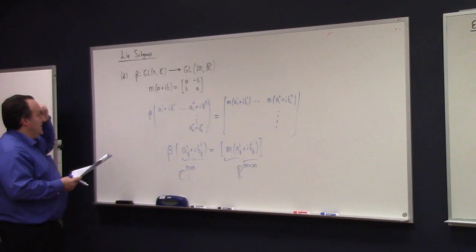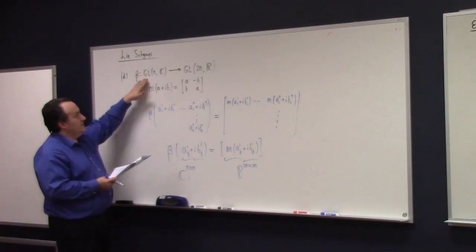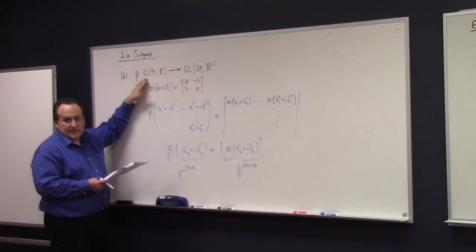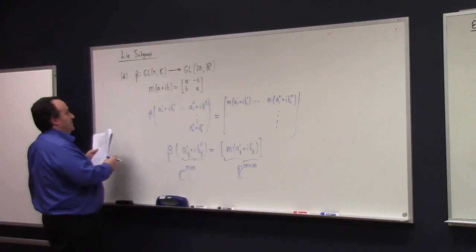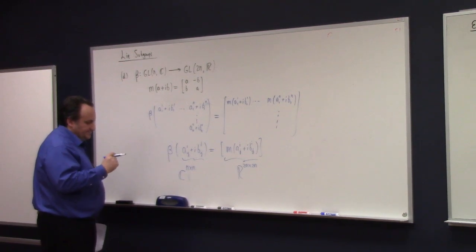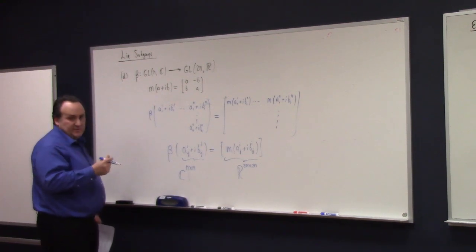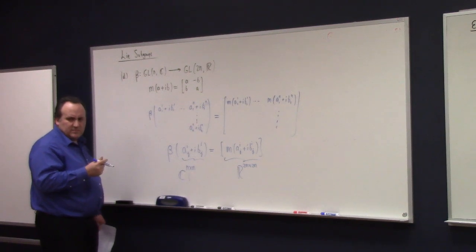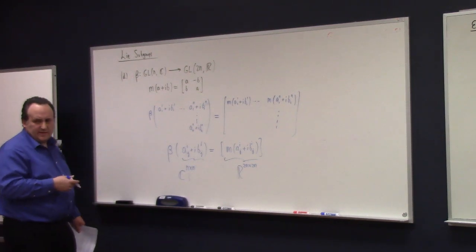Well, let's see here. The dimension, this had dimension n squared as a complex, like it's got n times n complex parameters, so every one of those is, I think it's 2n squared is its real dimension. Is that right? We talked about this the other day. Yeah.